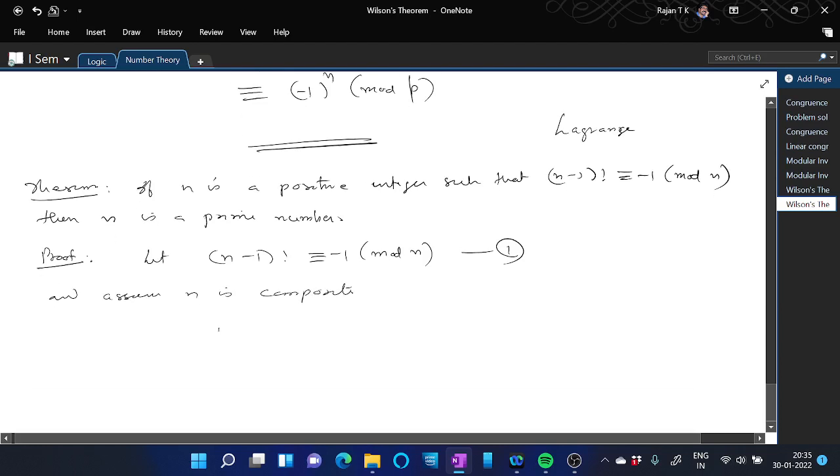That means n is equal to A into B, where A and B are integers between 1 and n.